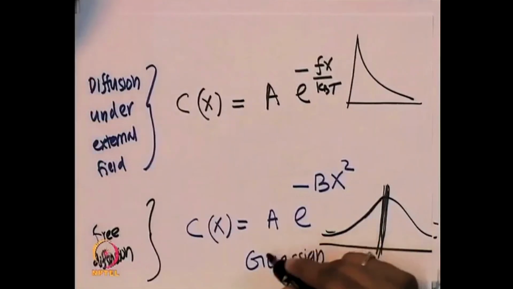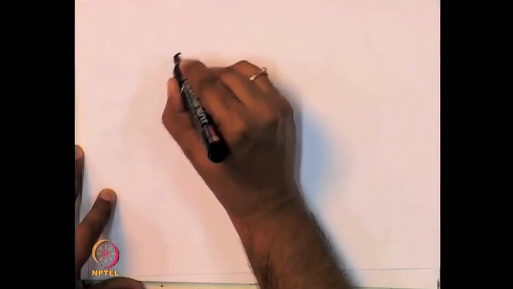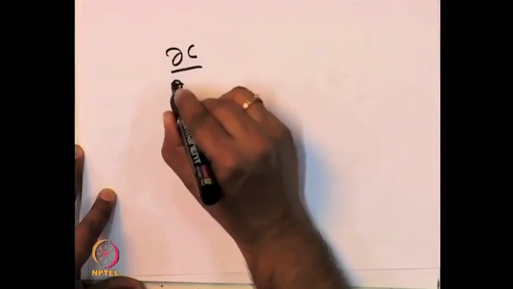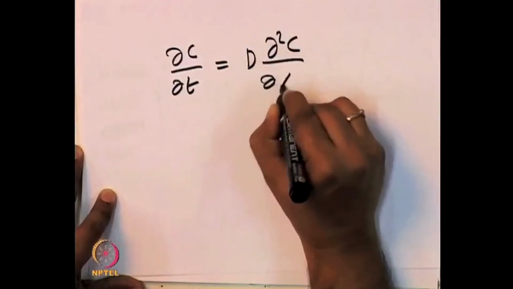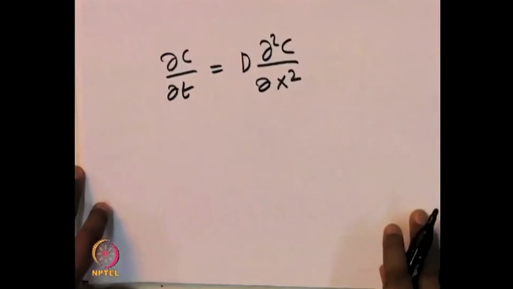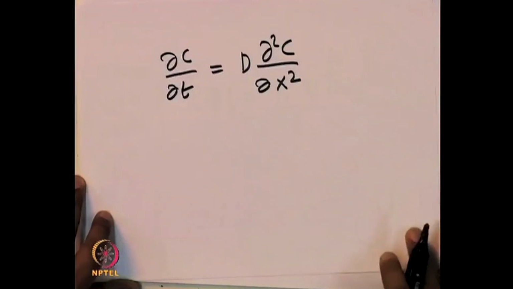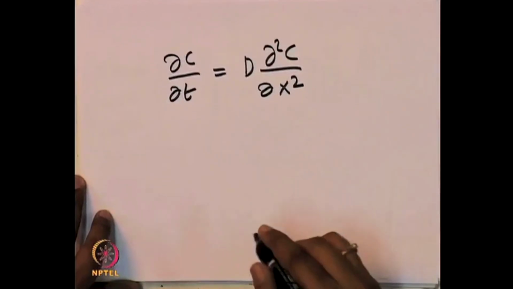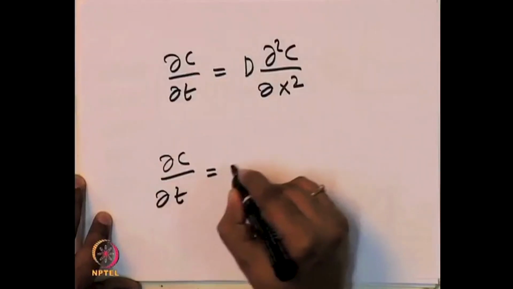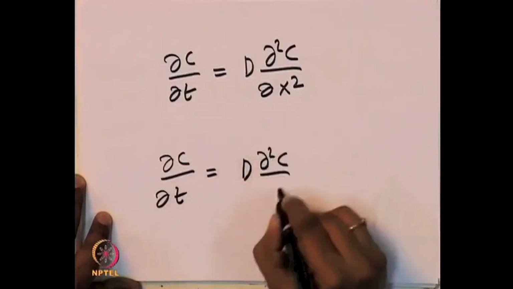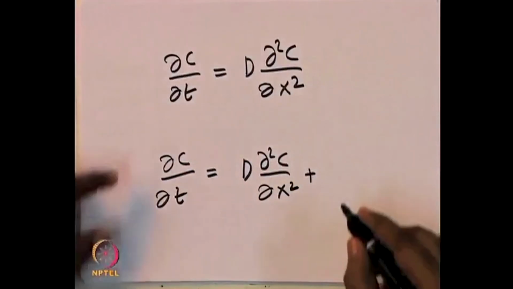Now, free diffusion is governed by this equation: del c by del t is equal to D del square c by del x square. It turns out that diffusion under some external force is governed by the following equation. We have this equation plus some effect due to the external force.